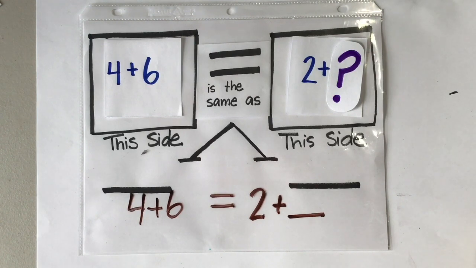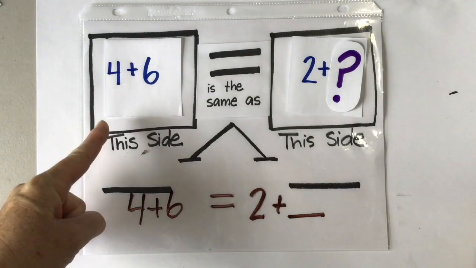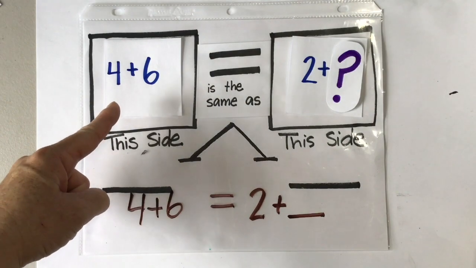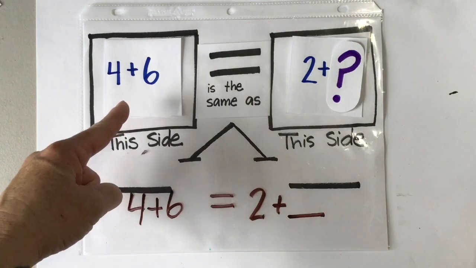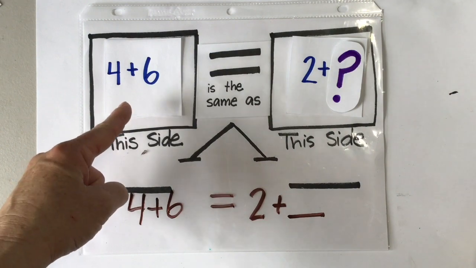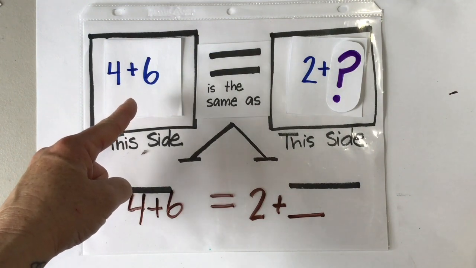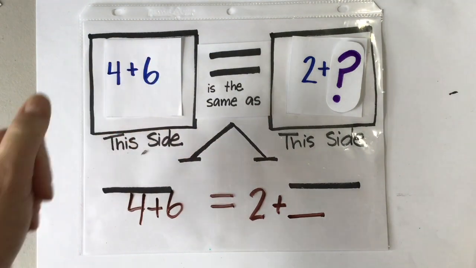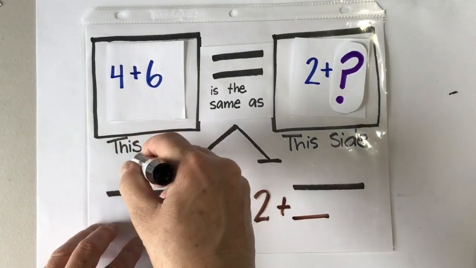What's it going to be? Start over here. You already have all the information you need here. 4 plus 6 is 6, 7, 8, 9, 10. Is 10.